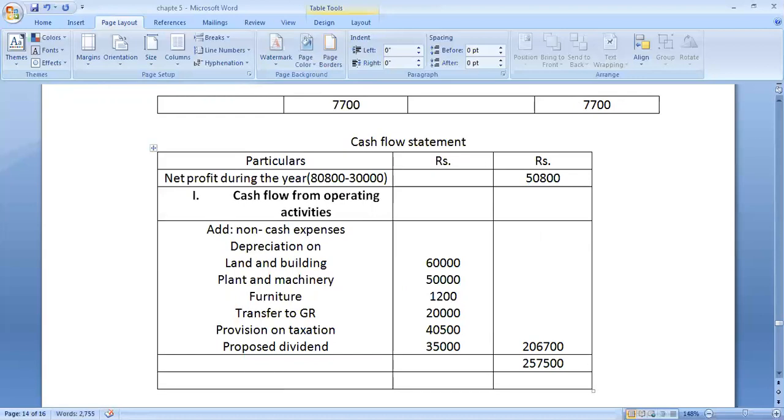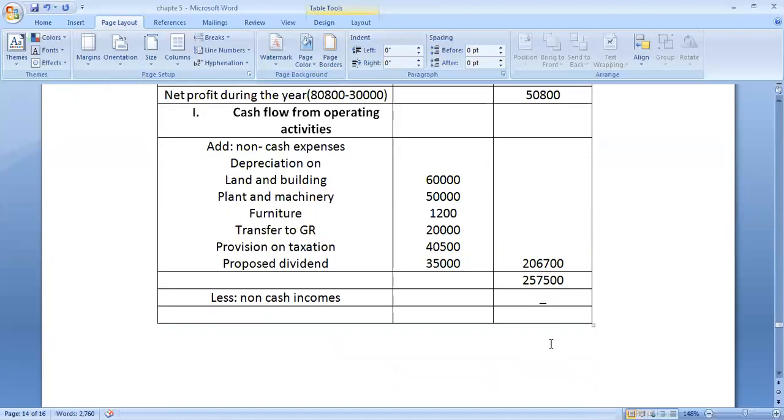Now take non-cash incomes. Do you have any non-cash income? So which are the non-cash incomes? Whenever there is a profit, or whenever there is any interest received or any dividend received, which becomes a non-cash income as there is no value.